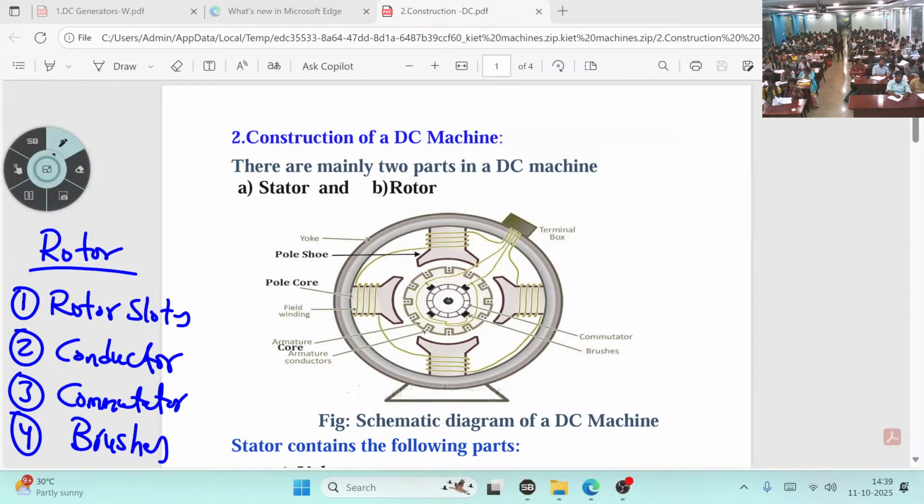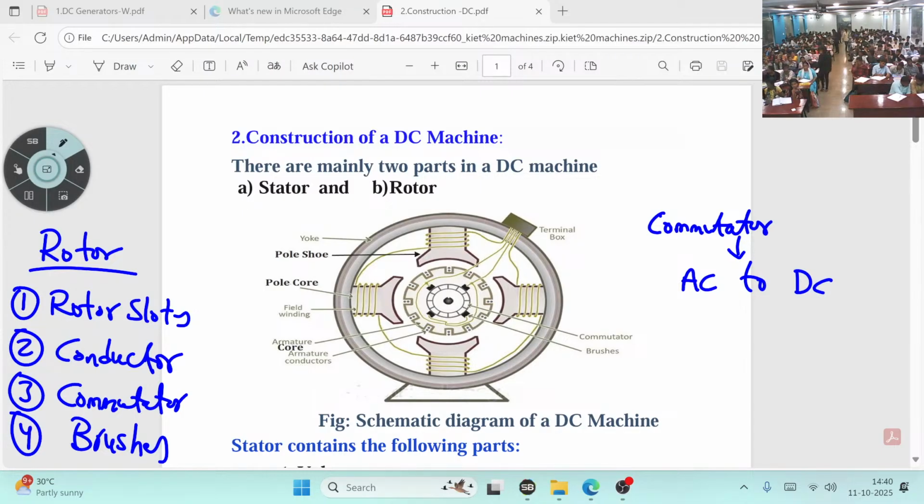The commutator will convert AC to DC. Now the brushes.